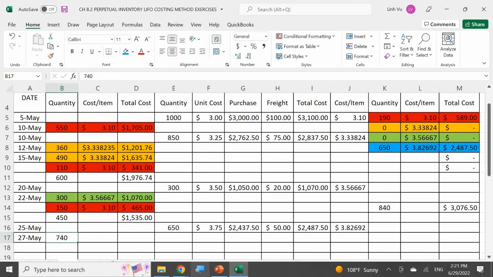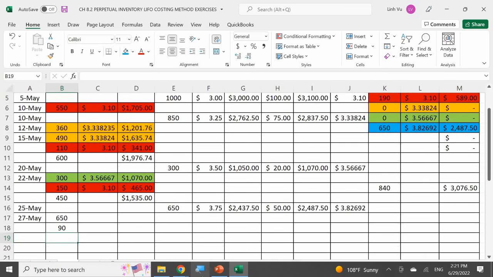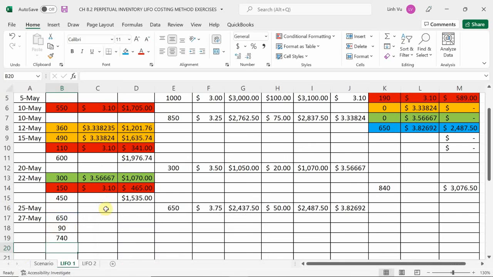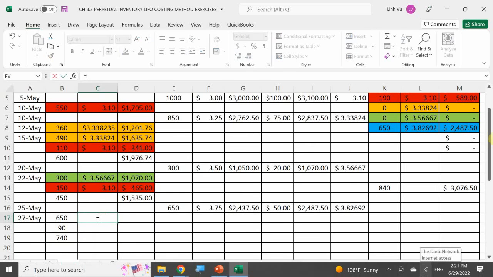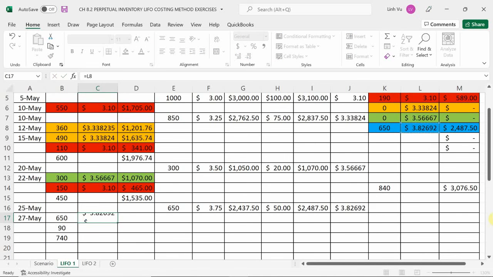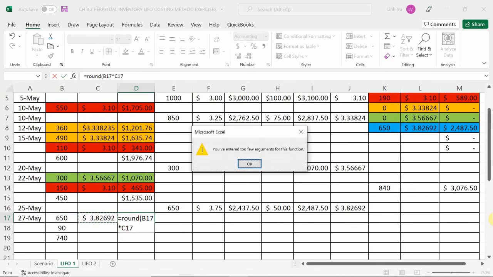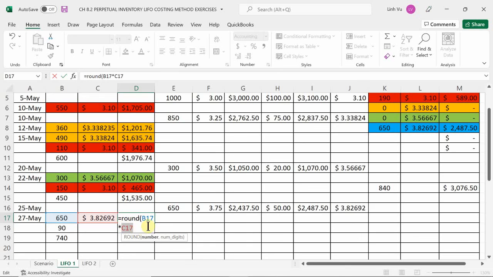Blue one first, and then the red. So 740 minus 650. So in this case, I am eliminating this entire blue batch of inventory. And I already know it's going to cost me a grand total of that 2487.50.